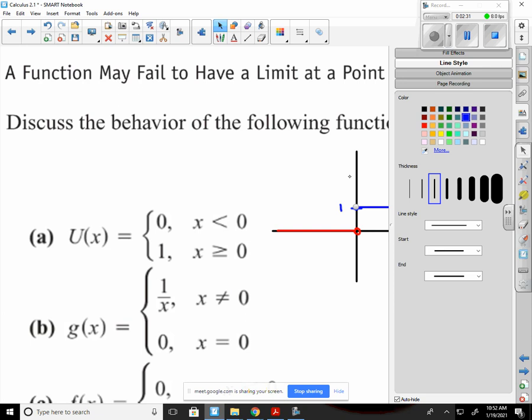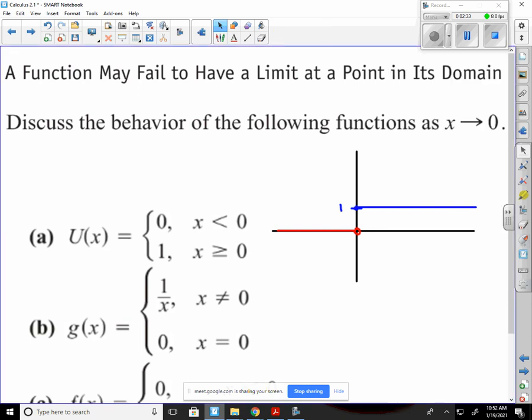And it's going to stay at 1 forever, going to the right. So I'll need to throw an arrow on this one, and an arrow on this one, to represent that it's always happening.